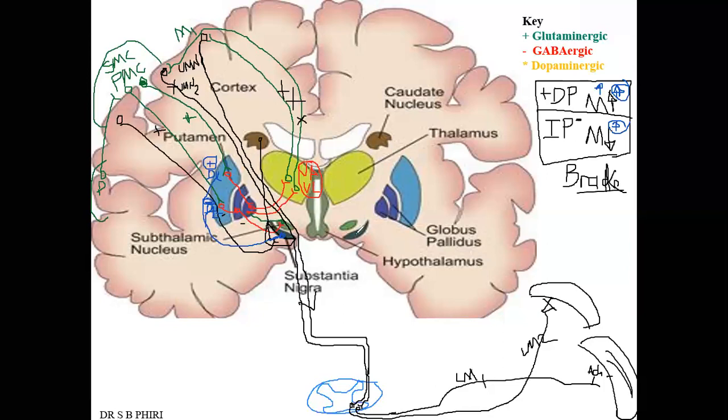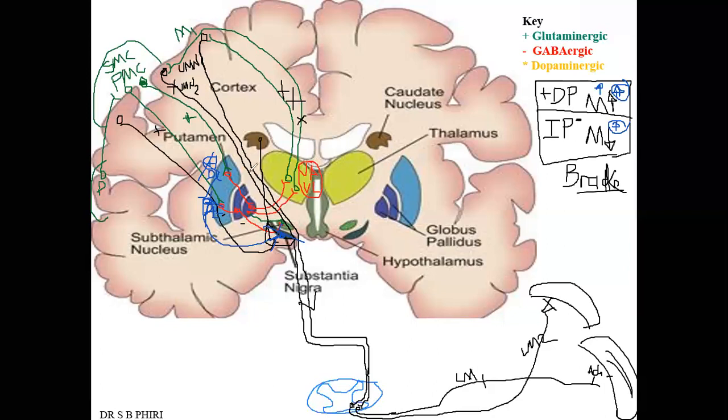So now what happens if it's a disease that is destroying these dopaminergic cells? So you won't have dopamine via the D1, you also won't have dopamine via the D2 receptors. So it means that the indirect pathway won't be inhibited. And this will bring about inhibition of movement.